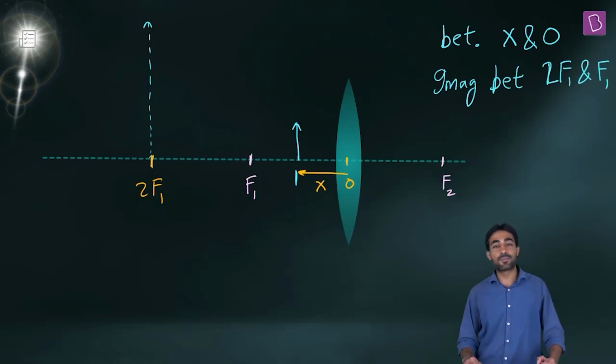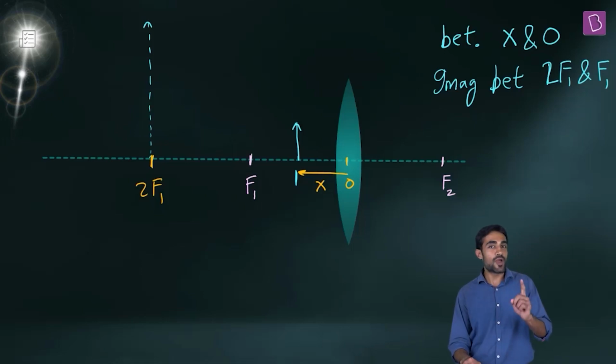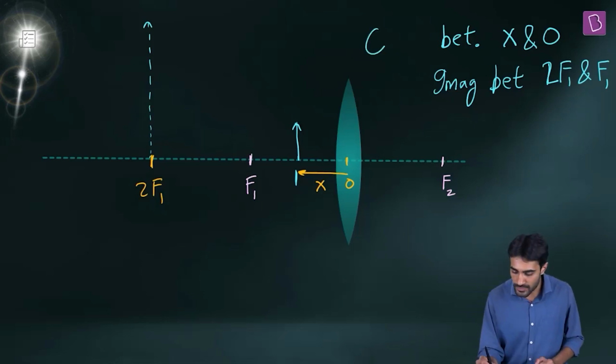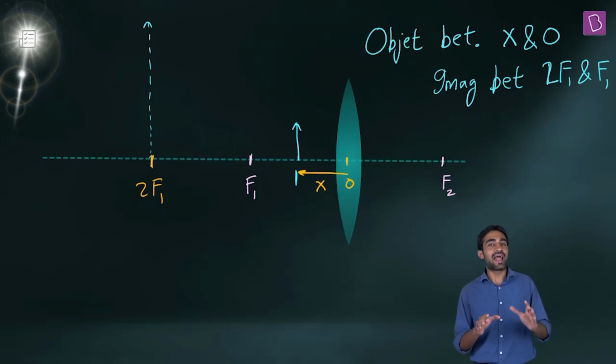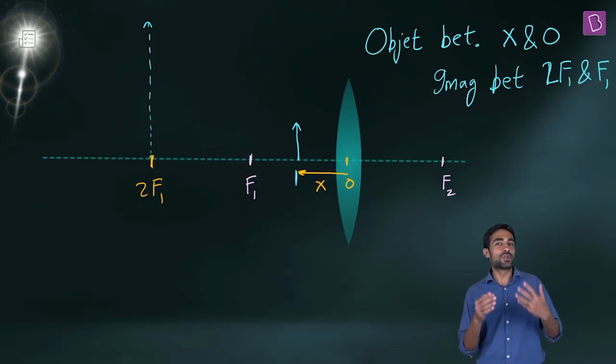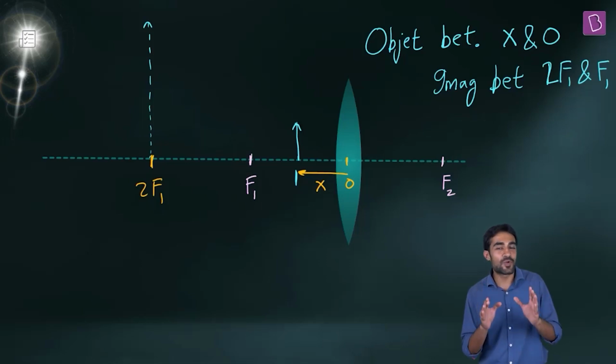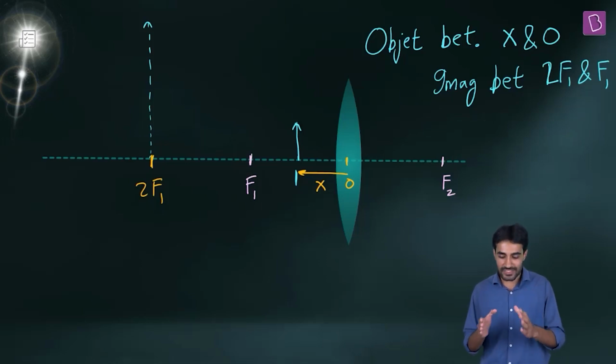So this is the position of our image, between 2f1 and f1, and the object should be between x and the optical center, at distance 0 from the optical center. So this is the condition.